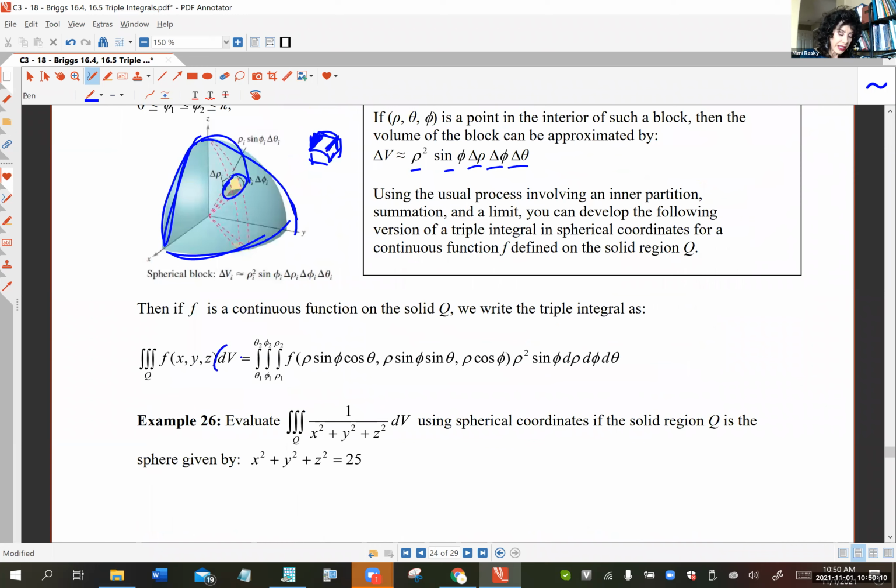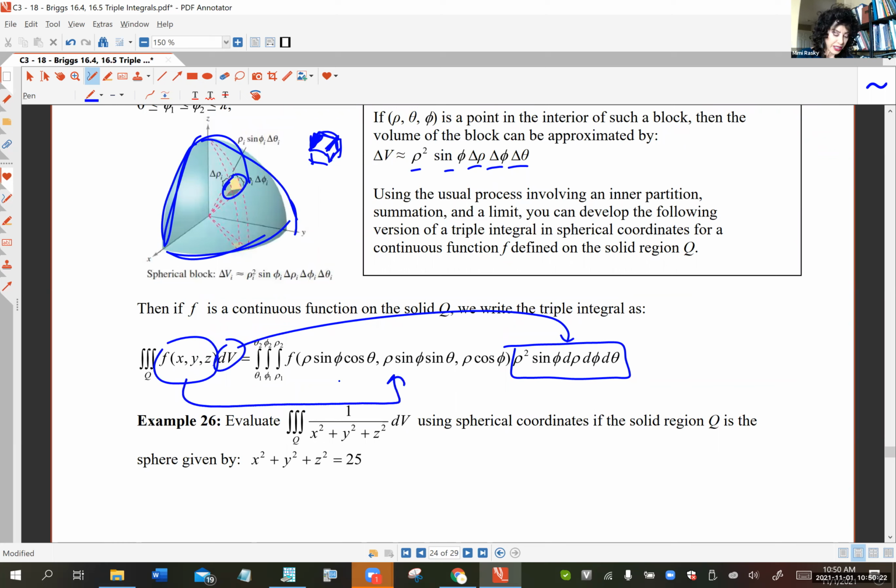So what would happen is your volume element would turn into what I already told you it is: rho squared sine phi d rho d phi d theta. And if you did have an integrand here, you would need to convert it to spherical also by using all of the conversion formulas for x, y, and z. And then hopefully you can integrate in spherical coordinates.